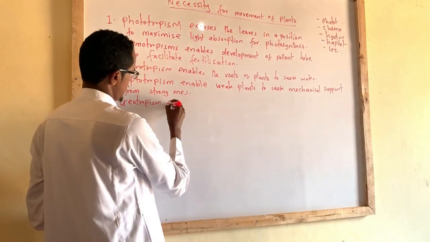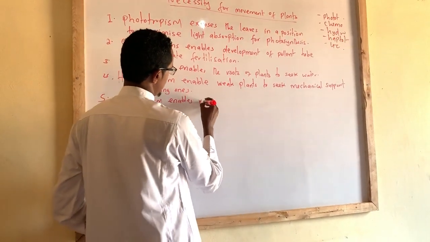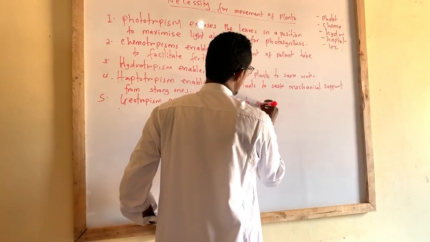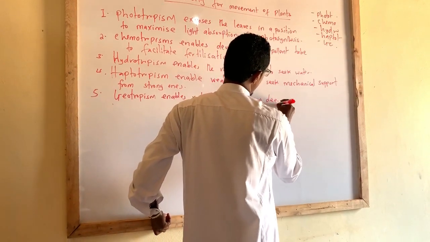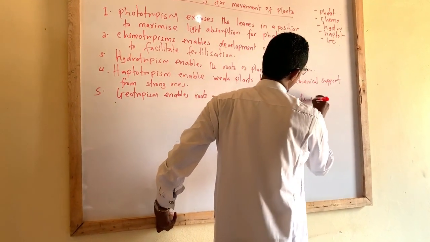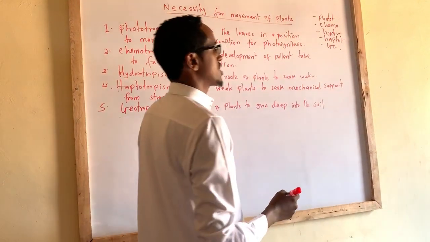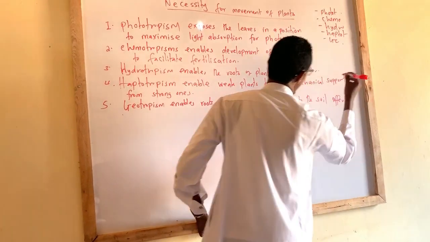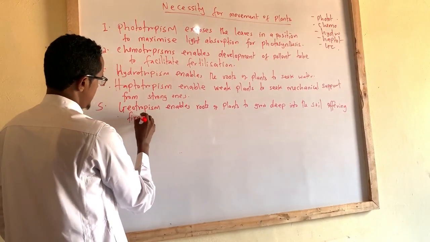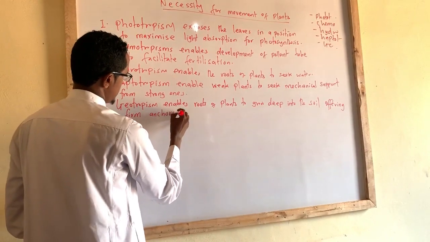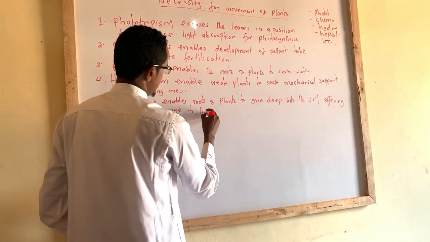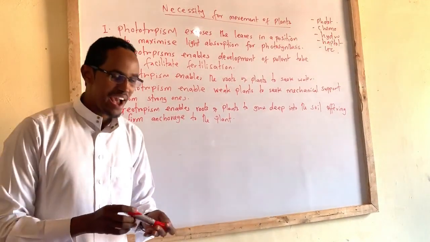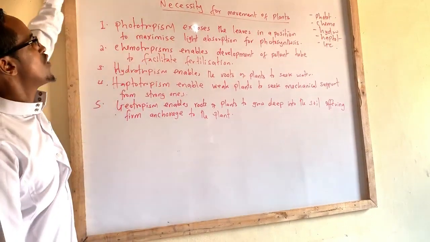Geotropism enables roots of plants to grow deep into the soil, offering firm anchorage to the plant. This is basically the necessity for movement of plants.